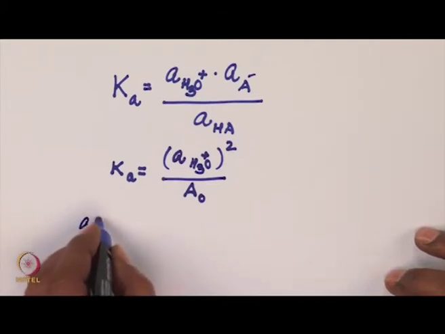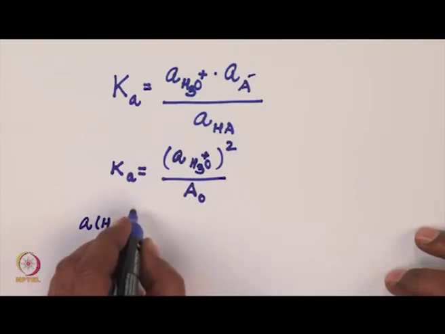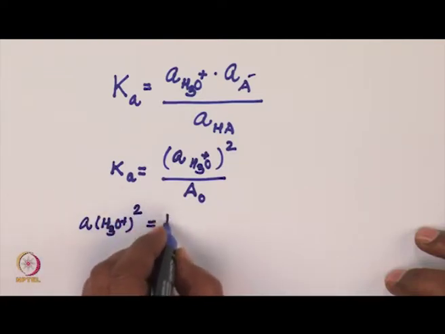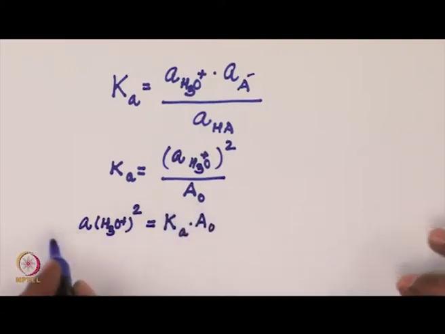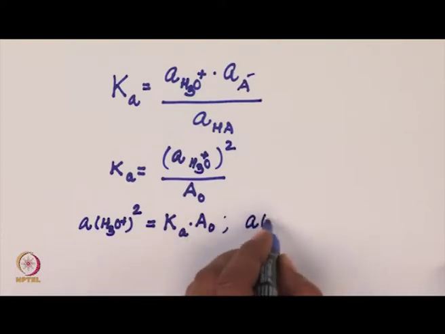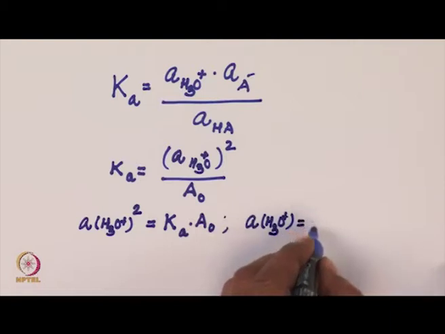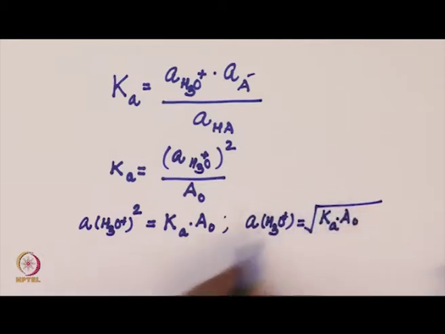So, activity of H3O plus square is equal to acidity constant into A0, and this is same as this equation: H3O plus is equal to square root of acidity constant into A0.